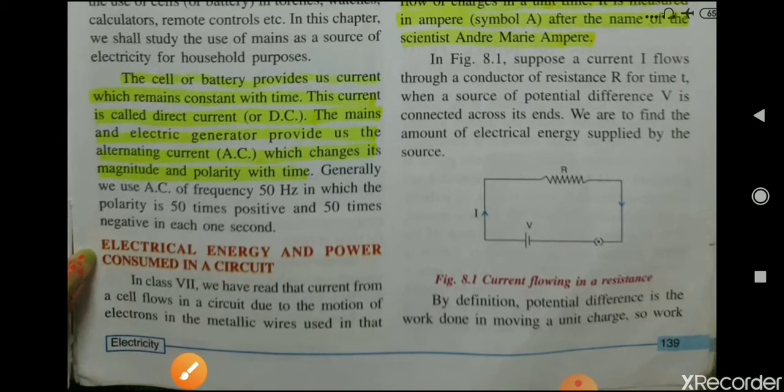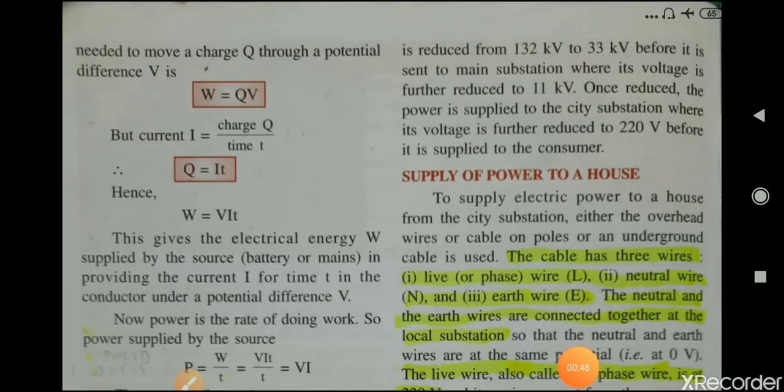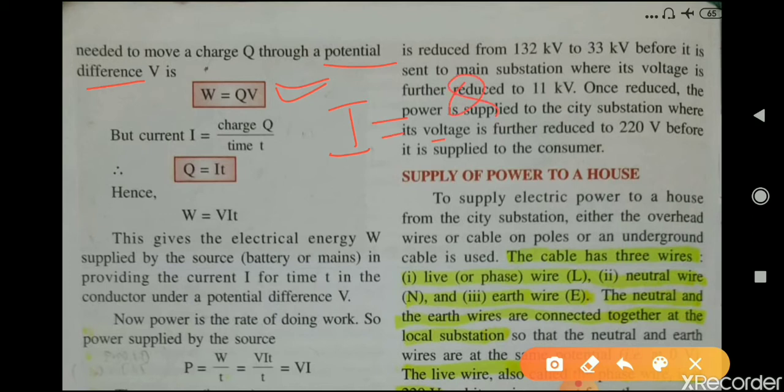So for this, we know that potential difference is the work done in moving a unit charge. So work W is equal to QV. Okay, charge multiplied by potential difference V. But we know that current I is equal to Q upon t.